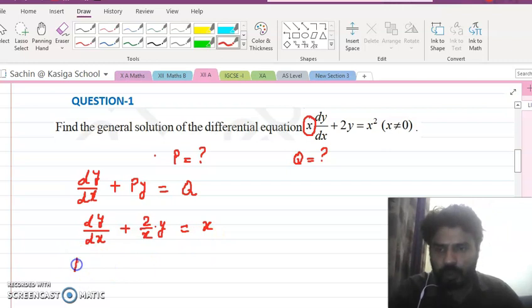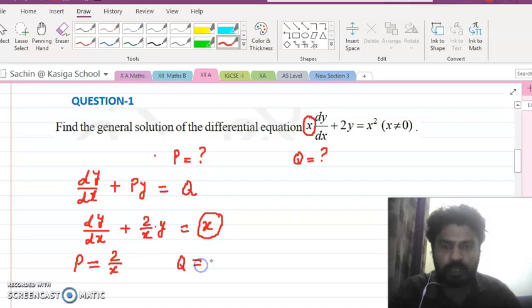So recognize your P: the coefficient of y is your P, and at the right hand side the function of x is q. So q is x.